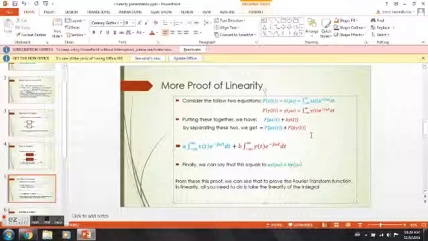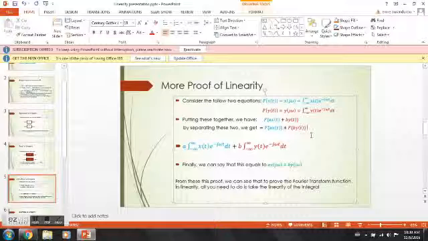So by separating them, now we can do the integral of each individual thing. First we're going to take the constants out, as you can see in the next line. We have a times the integral from negative infinity to infinity of x(t) times e to the negative jωt dt, plus b times the integral from negative infinity to infinity of y(t) e to the negative jωt dt.